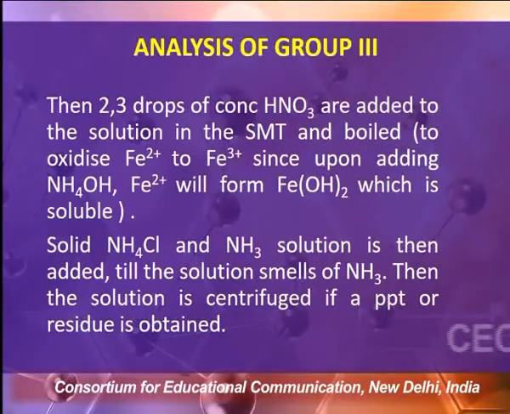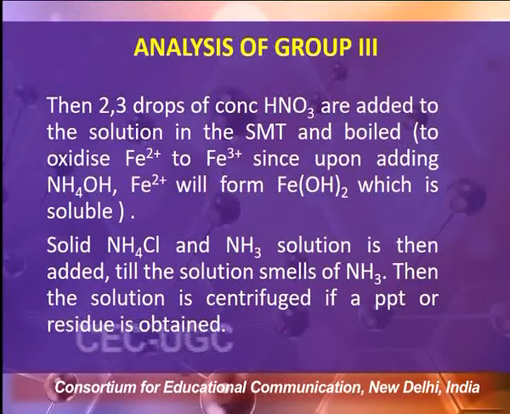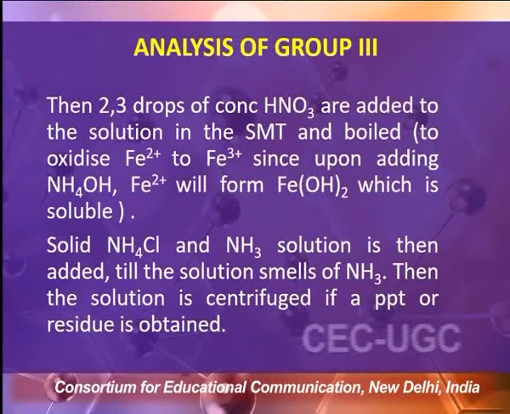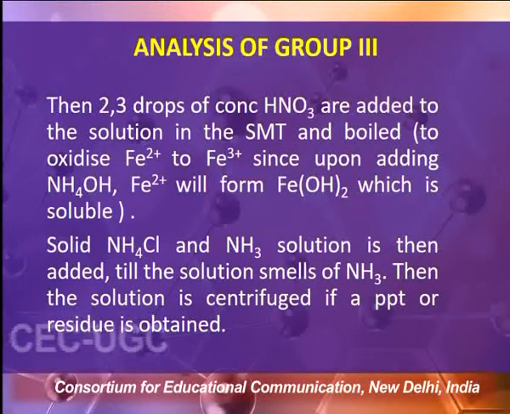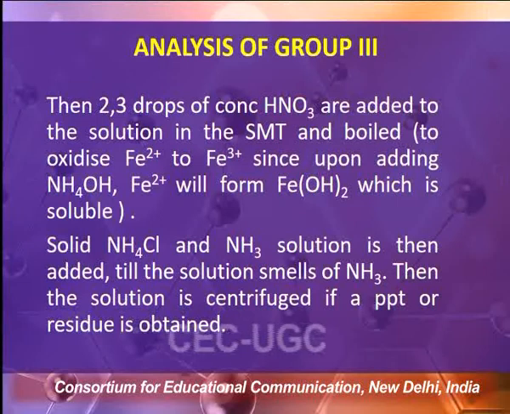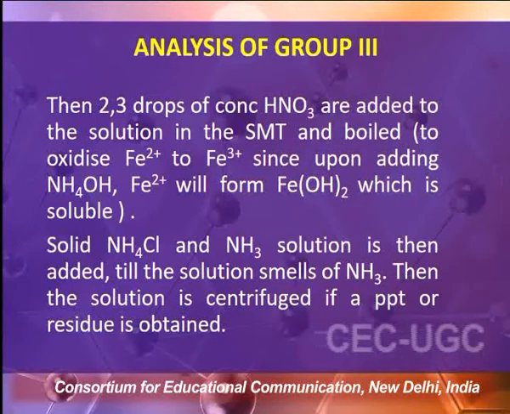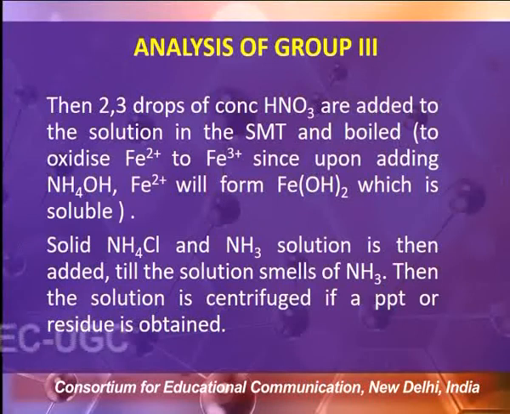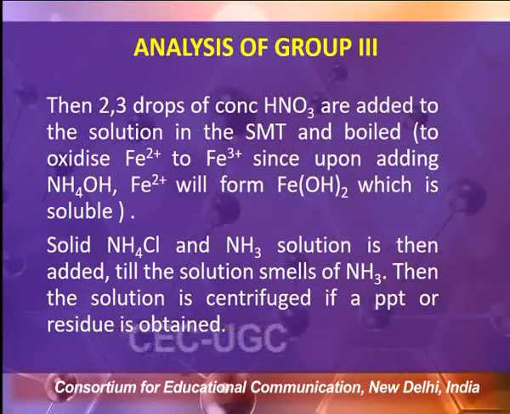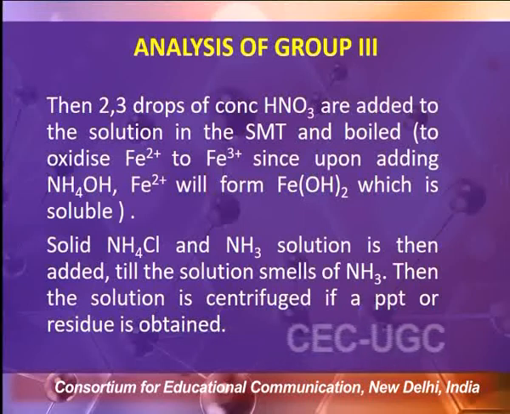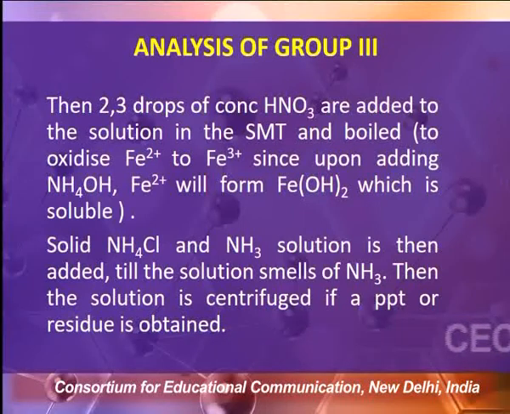After this, 2 to 3 drops of concentrated nitric acid are added to the solution in the semi-micro test tube and boiled. This is done to oxidize ferrous ions to ferric ions, since upon adding ammonia, ferrous ions will form ferrous hydroxide, which is soluble, and hence ferrous ions will not precipitate out, although they belong to group 3, on addition of the precipitating agent.